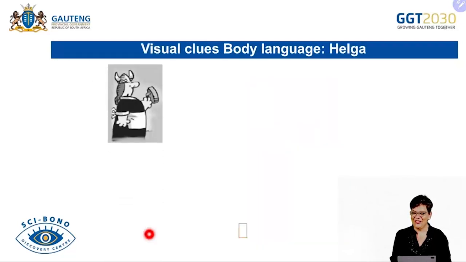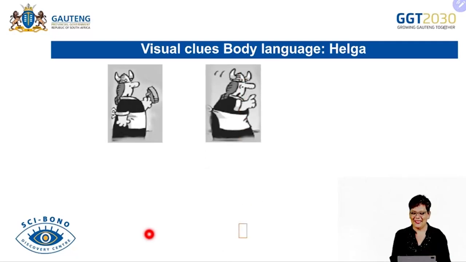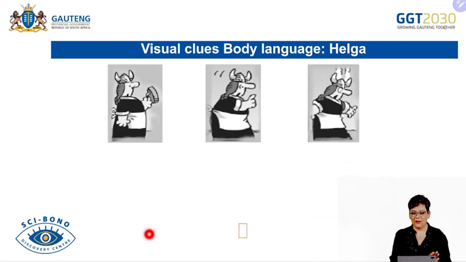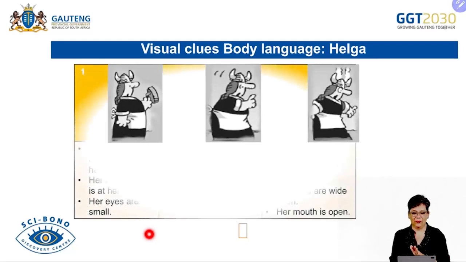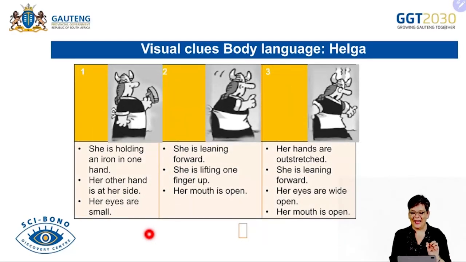What I've done, I wanted to show you this. I took Helga out of the little cartoon strip and placed her in sequence. So this is frame 1, 2, 3. And this is how you analyze the text. Just to give you an idea, you can say clearly, she's holding an iron in one hand in frame 1. Her other hand is at her side and her eyes are small.